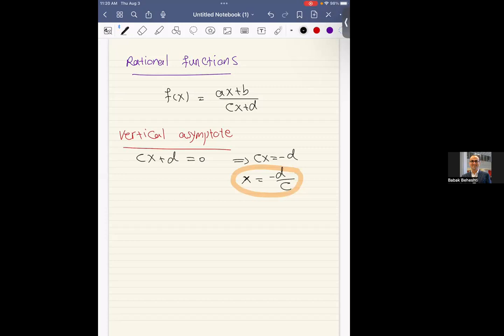Now, once you have the vertical asymptote, then you can find the horizontal asymptote. The horizontal asymptote is basically the value of y, or f of x, when x goes to infinity.